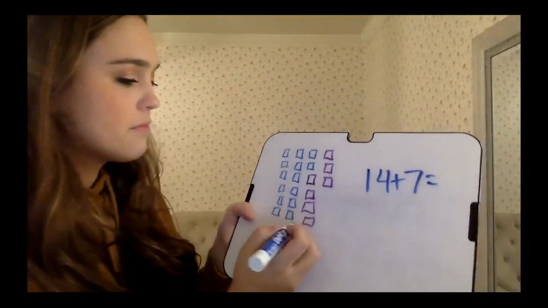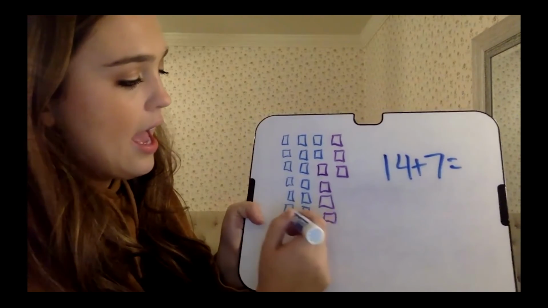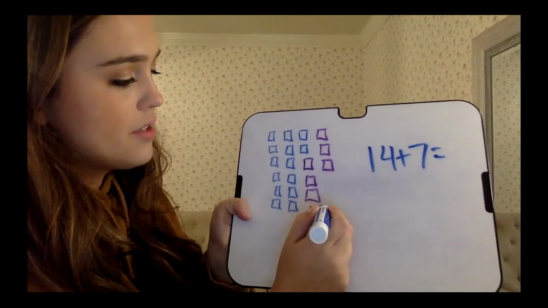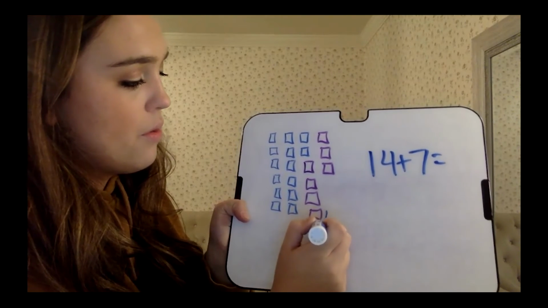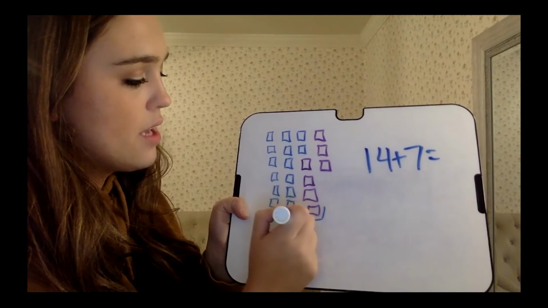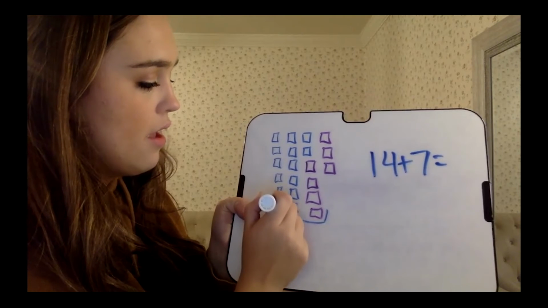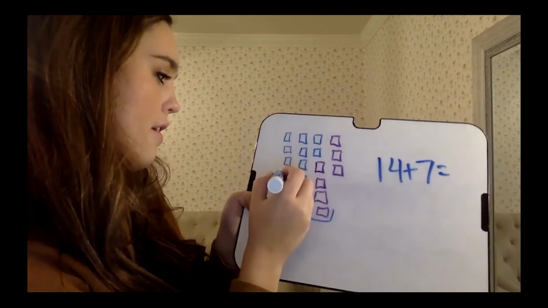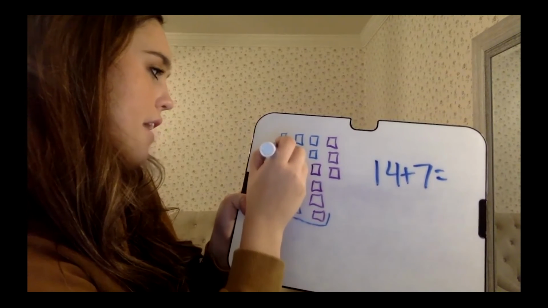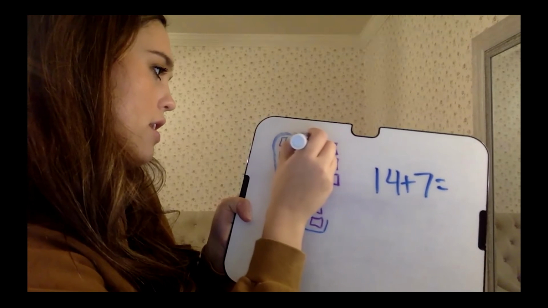So I am going to start down here. Okay, I have 1, 2, 3. So I'm going to do 1, 2, 3. Let's see. 1, 2, 3, 4, 5, 6, 7, 8, 9, and 10.